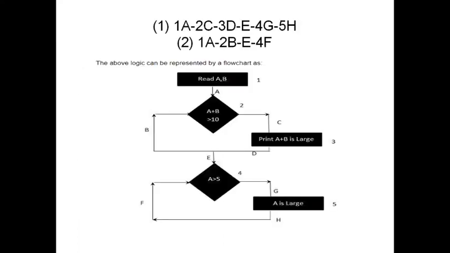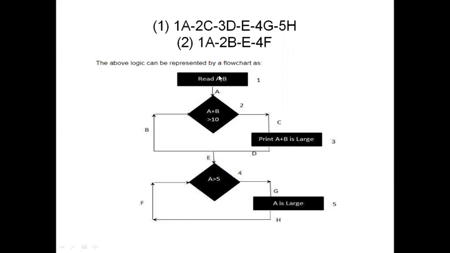So let's have a look at the logic in the form of the flow chart. Now we had this statement, read A and B, and the first statement is A plus B is greater than 10. So it would go to print A plus B is large. Then if A is also greater than 5, then A is large. So one flow can be this one.